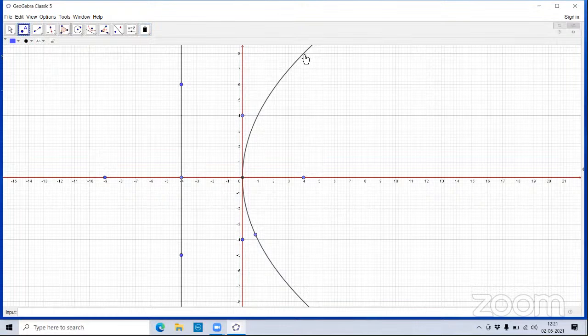We shall take one more point. We shall take 2 points on either side of the parabola and join them.